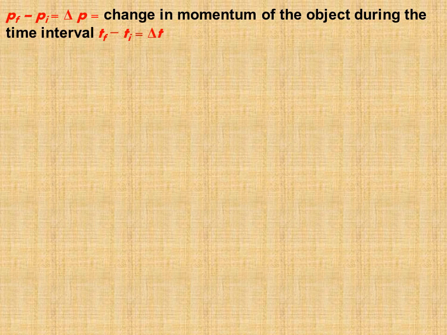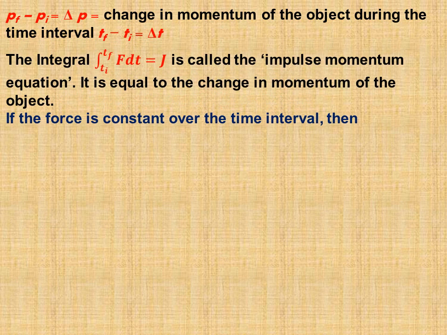Pf minus Pi is equal to del P, which is called the change in momentum of the object during the time interval tf minus ti, which is equal to del t. The integral ti to tf F dt is equal to J, which is called the impulse, and the impulse-momentum equation says it is equal to the change in momentum of the object.